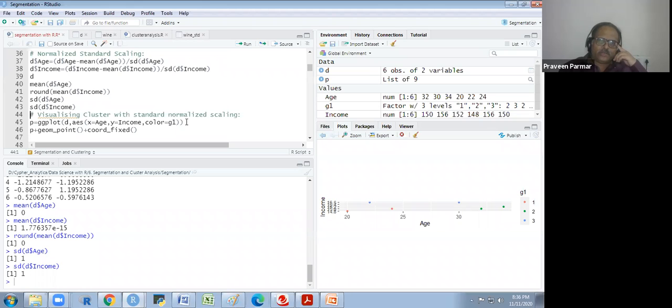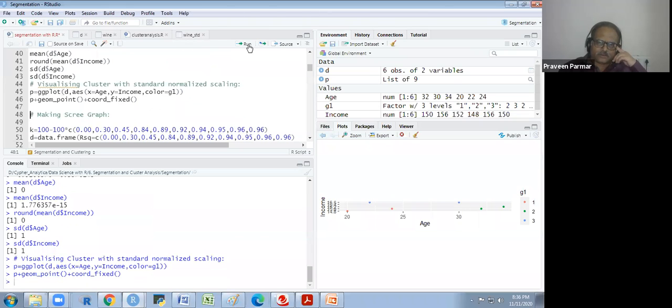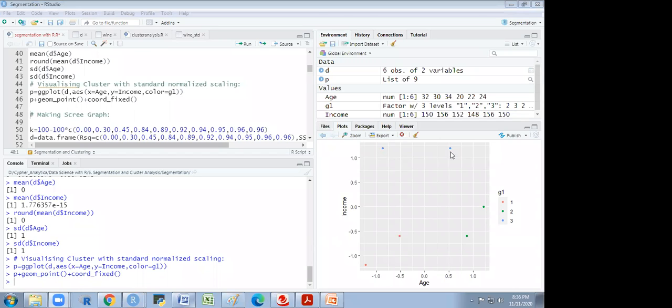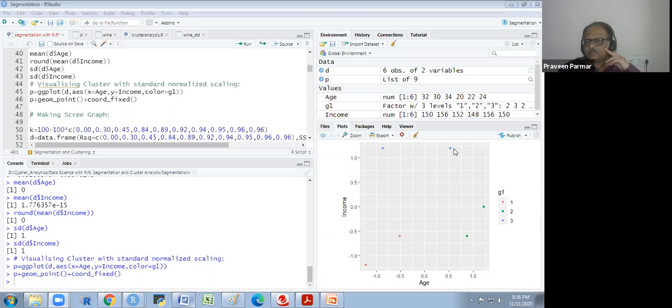So now I visualize the plot of this data. Look at this. Now what do you say? Where should it go? Now it should go here. Got it?